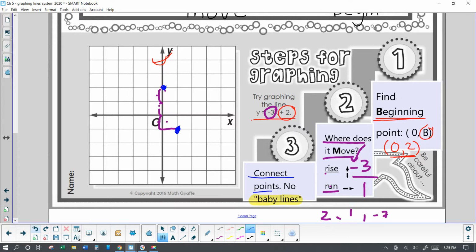I want you to use a ruler and take a line and draw that line all the way across your graph. I got to get this lined up quite a bit better than that. Let me get my line here lined up better than that. There we go.